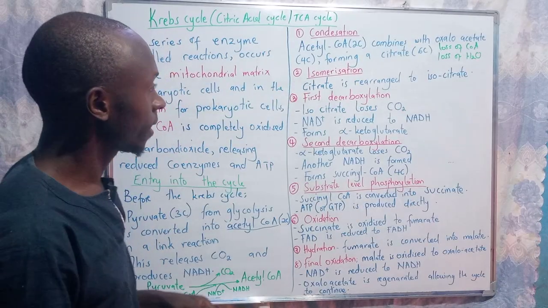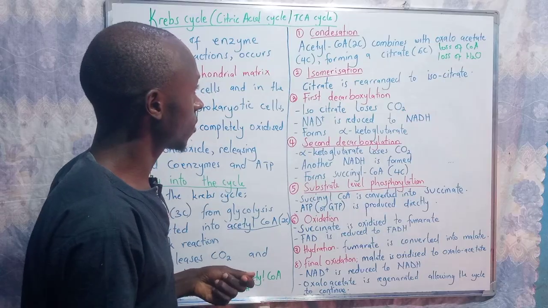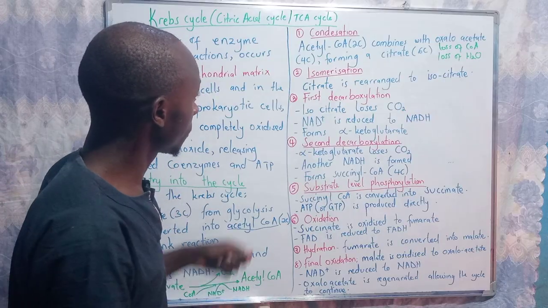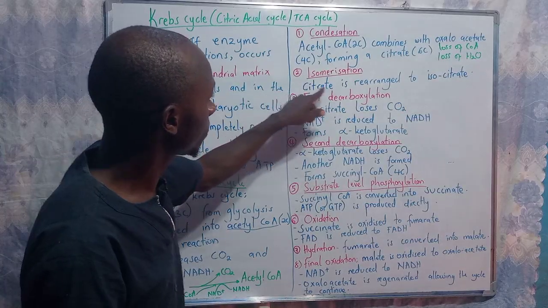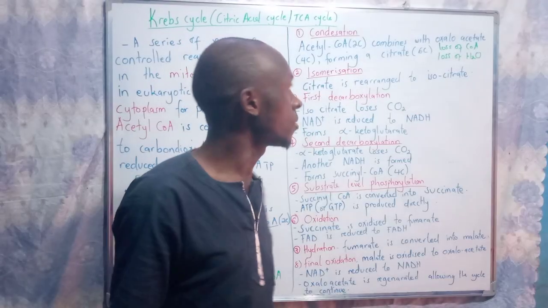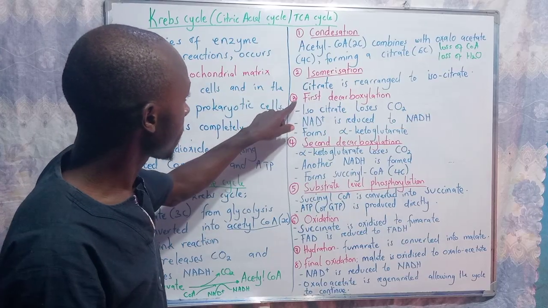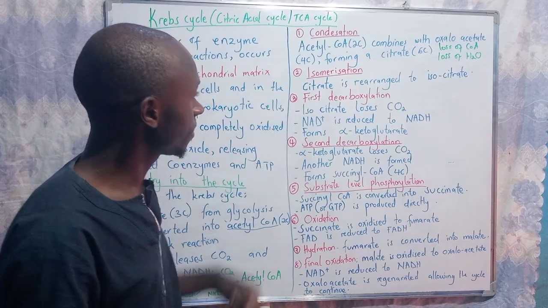Isomerization is a rearrangement of the structure whereby the molecular formula will remain the same, but the structural formula changes. So citric acid or the citrate rearranges to form isocitrate. So stage number 3 is the first decarboxylation.